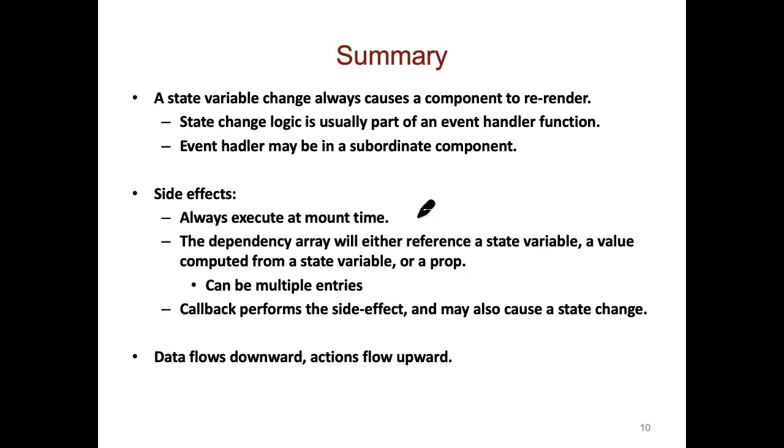In terms of side effects, the only thing we haven't seen is where a side effect's dependency array, because it is an array, could have more than one variable. It's a rarity, but it may arise. In our case, the dependency array just had one or no element in it, but it may have multiple elements.